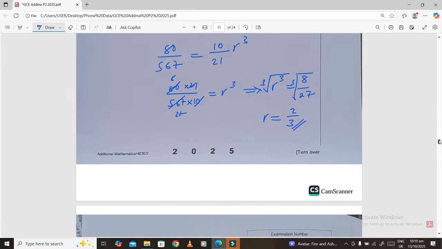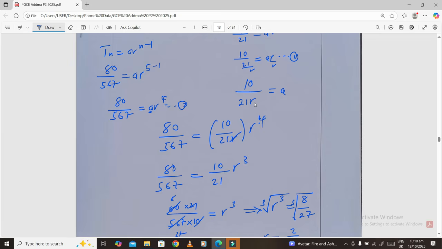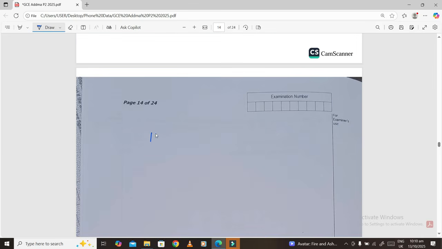While for the value of a, the first term, we use this part. So we're going to say 10 over 21 r is equal to a. We are solving for a, so it's 10 over 21 times 2 over 3, that's our r, is equal to a.